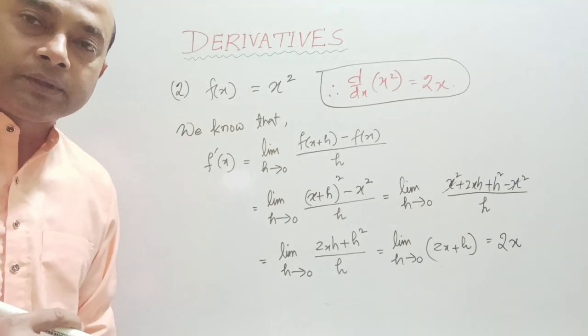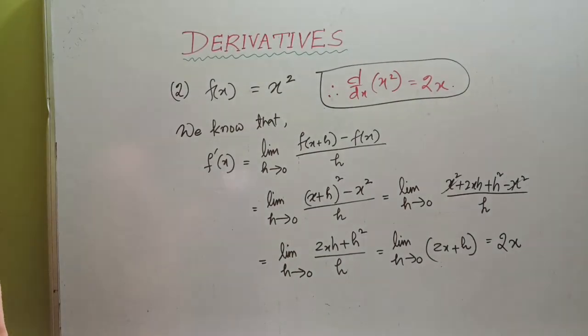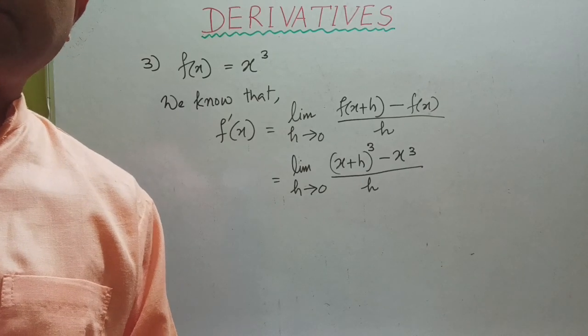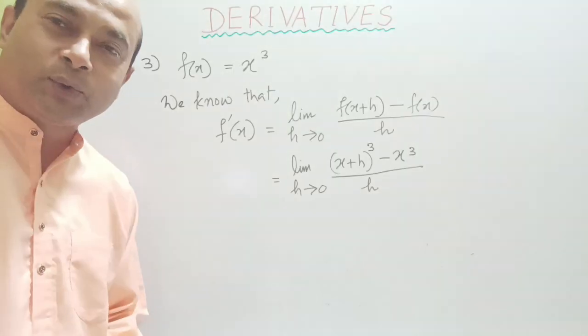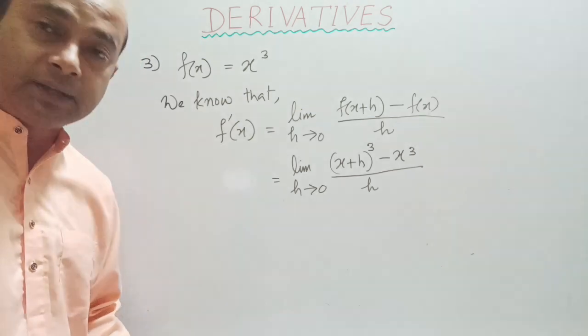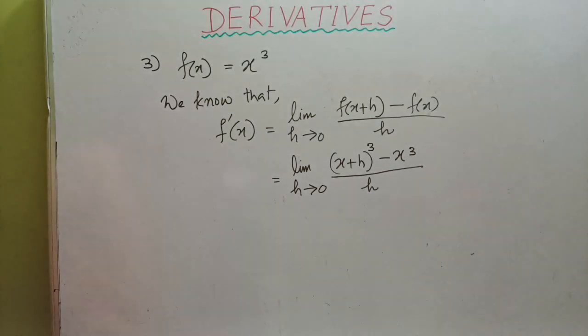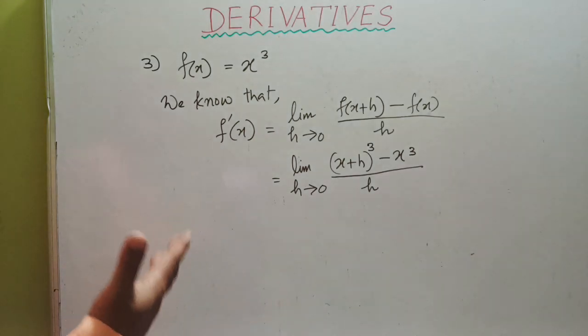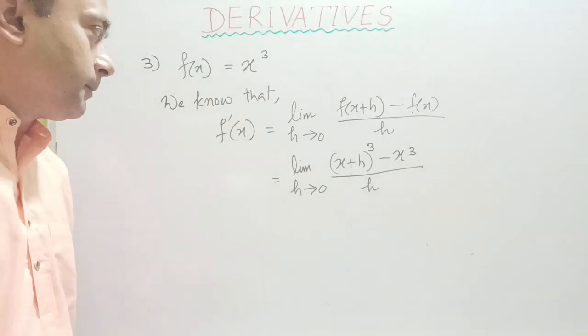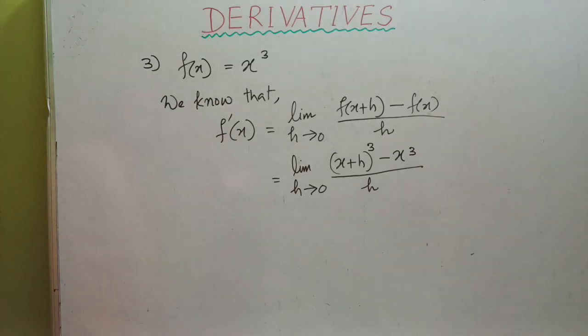Okay. Third example. Predictably, I have taken the function f(x) equal to x cube. That is the simplest cubic function that we can come across. First we took f(x) equal to x, second f(x) equal to x square, third f(x) equal to x cube, right? And the beginning is always the same.